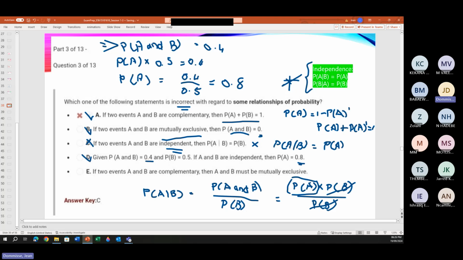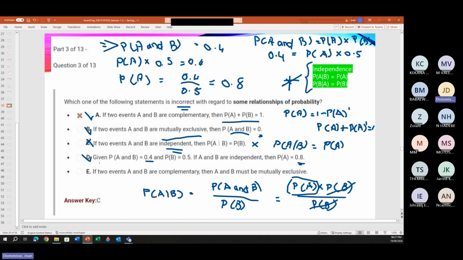I would have started with the probability of A and B, because it's independent, is equal to the probability of A times B. Then they have given us the probability of A and B, and they've given us the probability of B. Then isolate the probability of A, and by doing that we would have said 0.4 divided by 0.5.